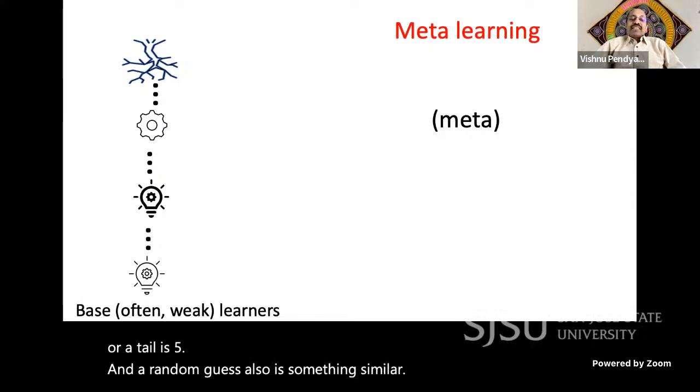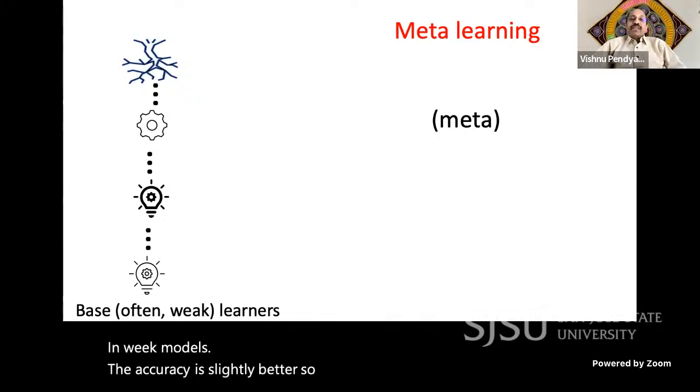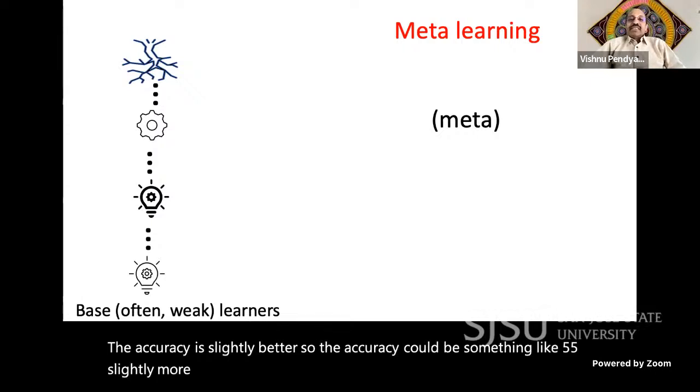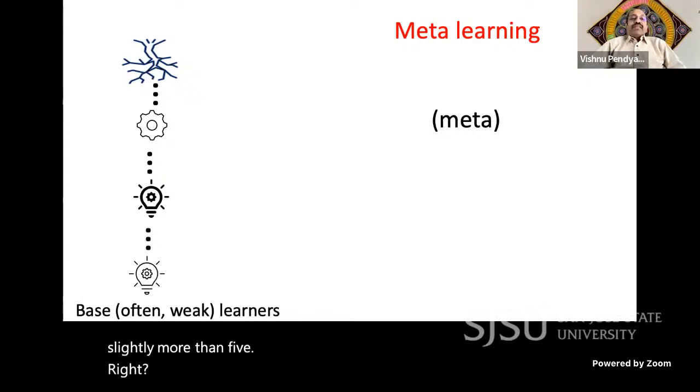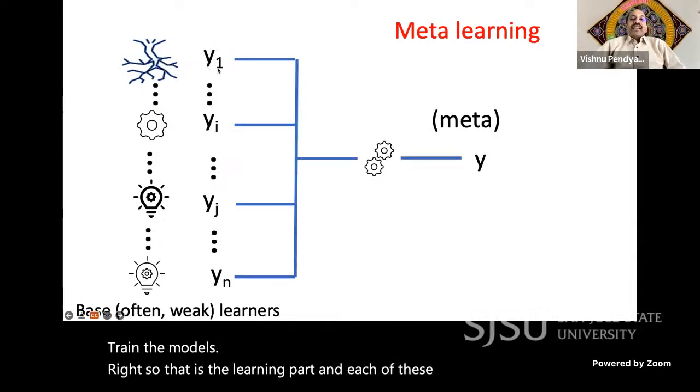In weak models, the accuracy is slightly better. So the accuracy could be something like 0.55, slightly more than 0.5, right? So we use all these base learners to train the models, right? So that is the learning part. And each of these models will output a predicted value.